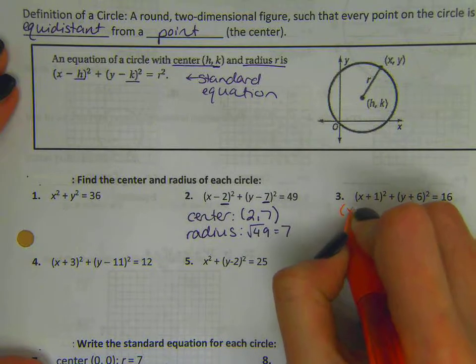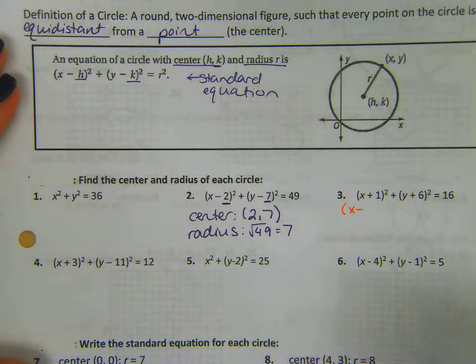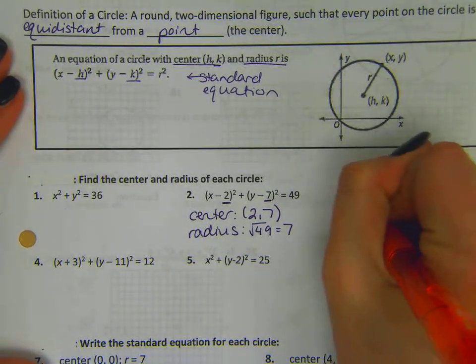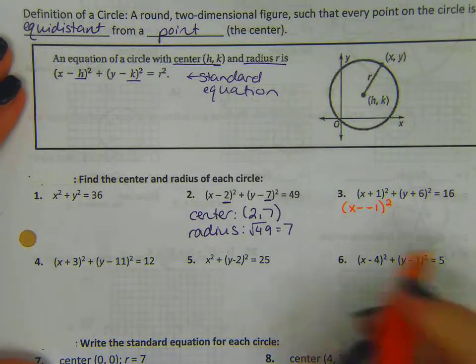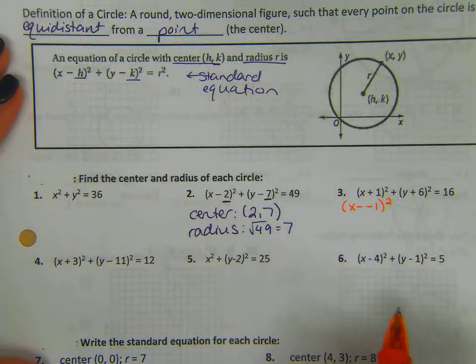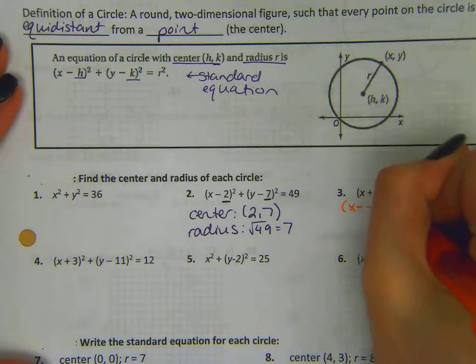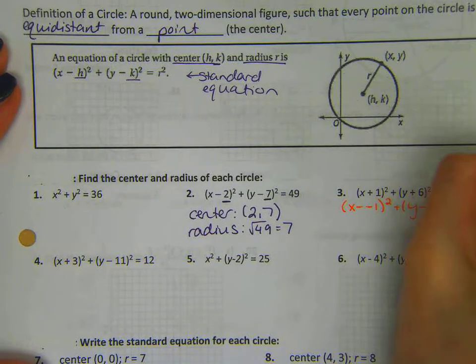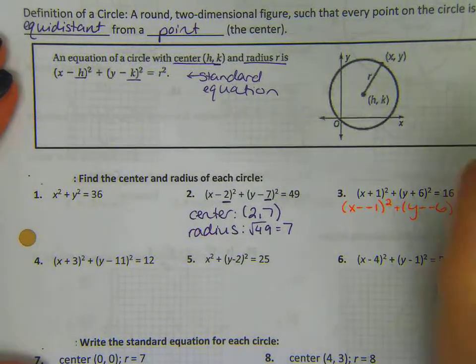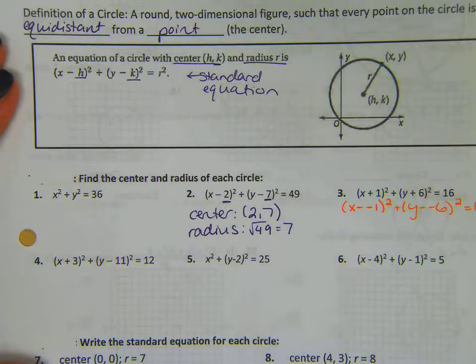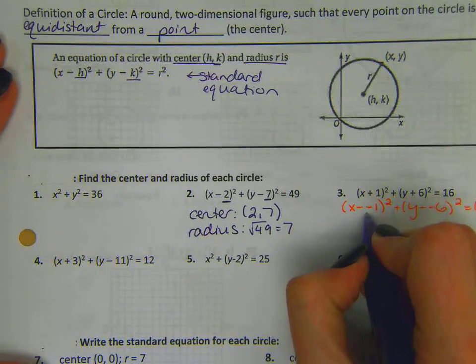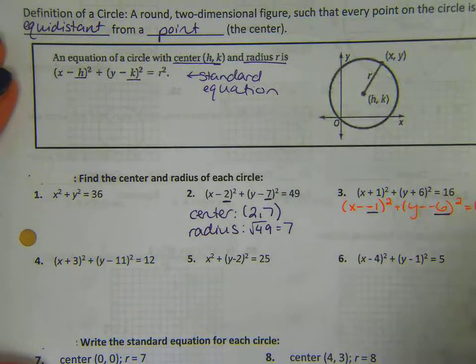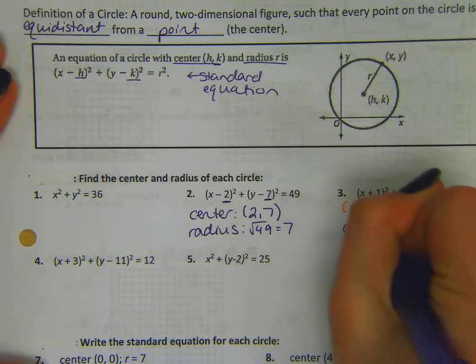To rewrite this in the standard equation of x minus a number, I'm actually subtracting negative 1 here. X minus negative 1 is x plus 1. Same thing here, y minus negative 6 is y plus 6. So what I have for my center, my value is negative 1 comma negative 6.